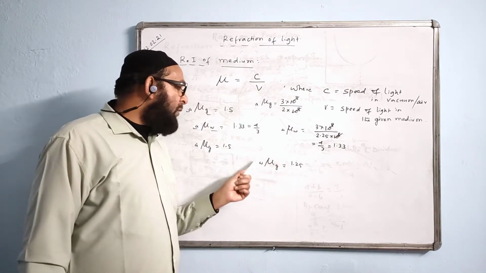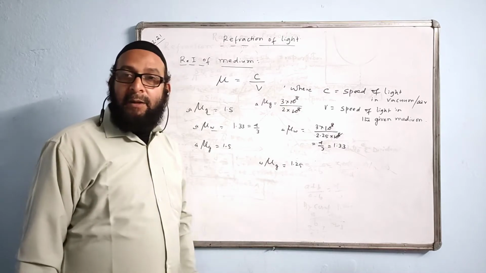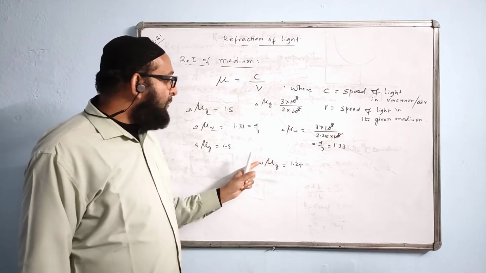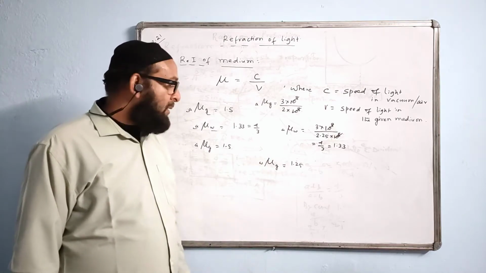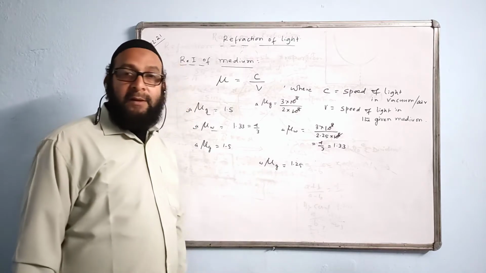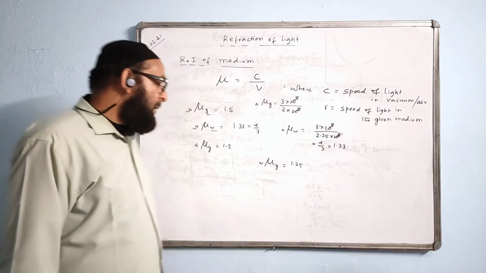That is the meaning of this statement. In this case, the ray is traveling from water to glass, and we read it as the refractive index of glass with respect to water.